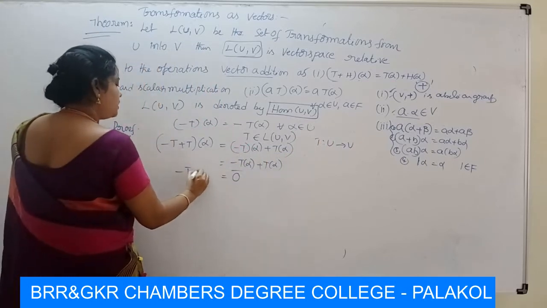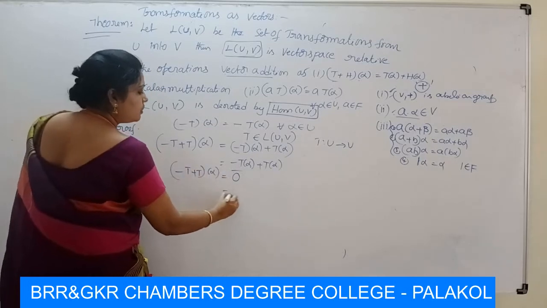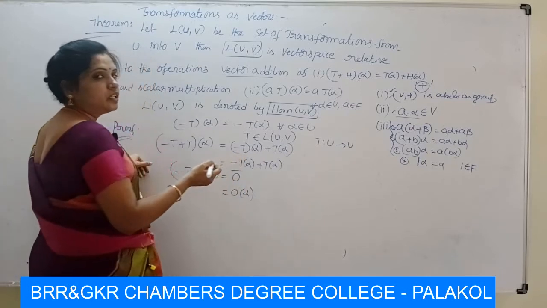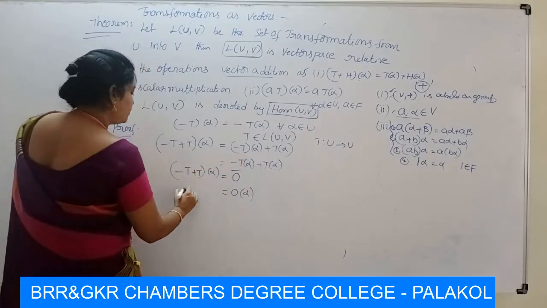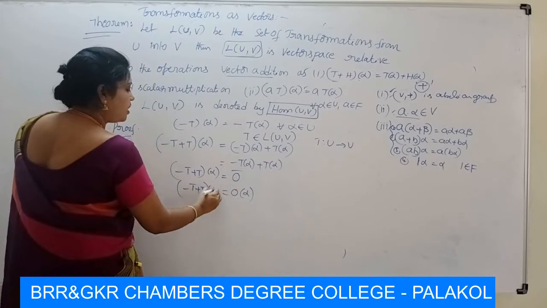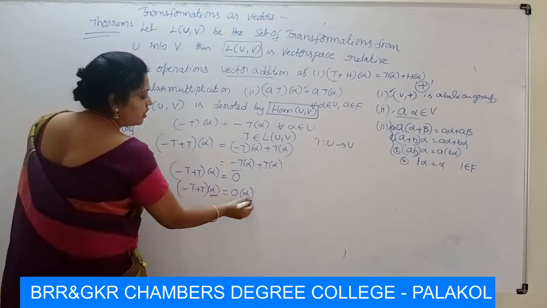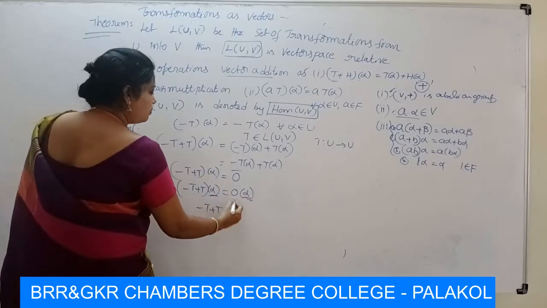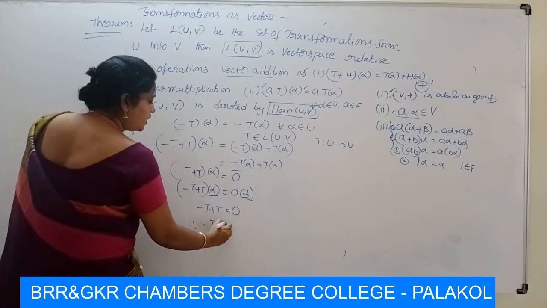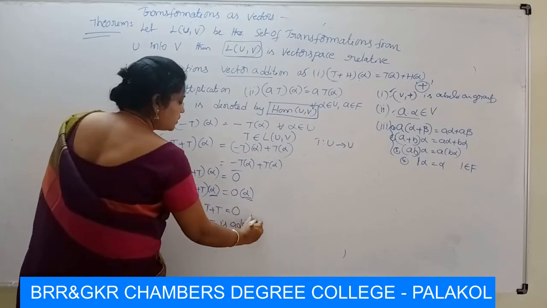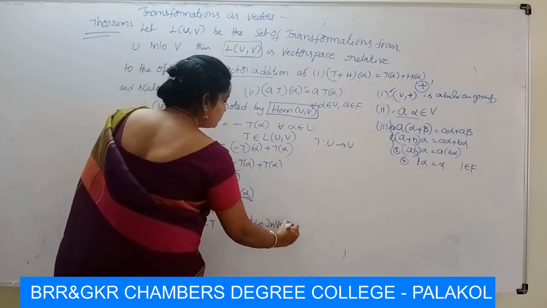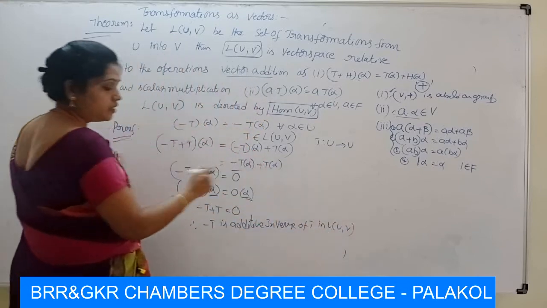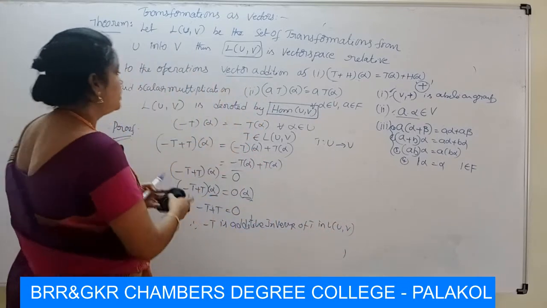So minus T plus T of alpha is 0 bar. 0 bar can be written as O of alpha, that means the zero transformation O of alpha is 0 bar. Therefore minus T plus T of alpha is equal to O of alpha. Here alpha is the same arbitrary element on both sides. So we get minus T plus T is equal to O. Therefore minus T is the additive inverse of T in L of UV. So every transformation in L of UV has an additive inverse.